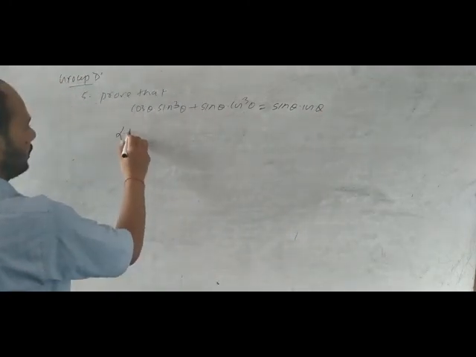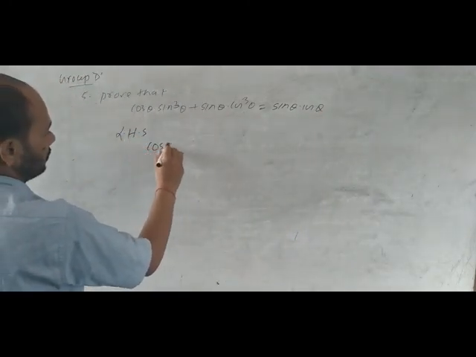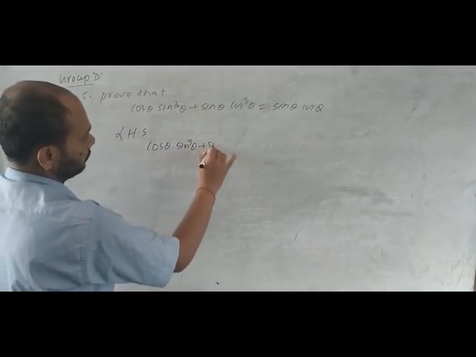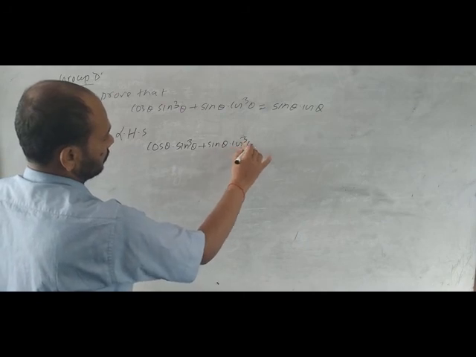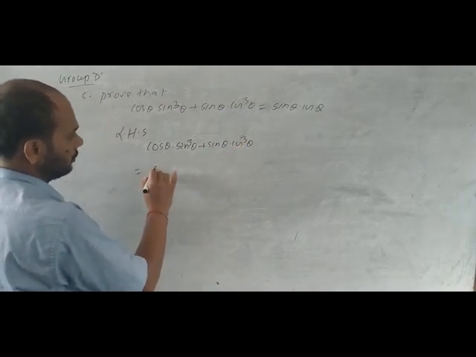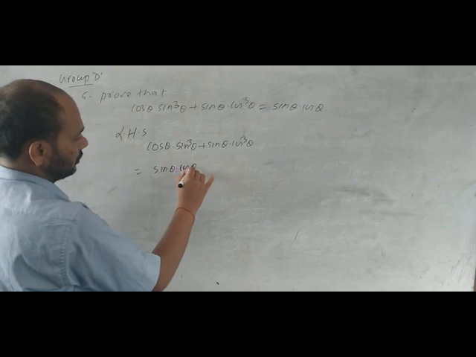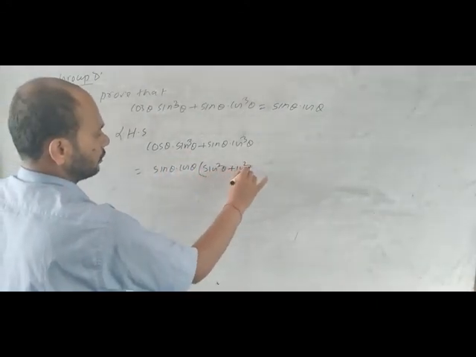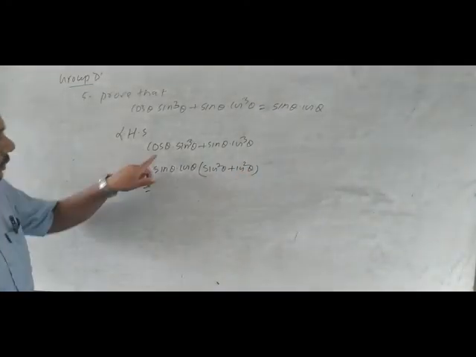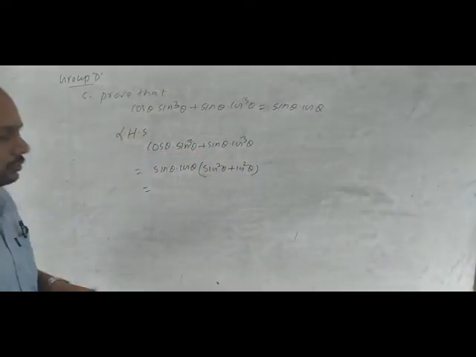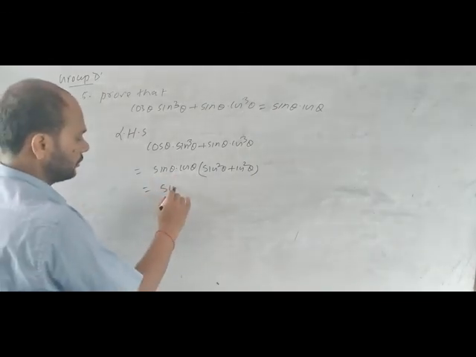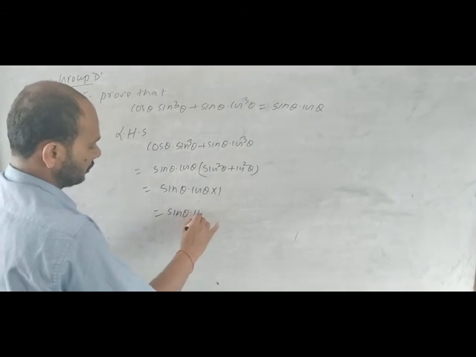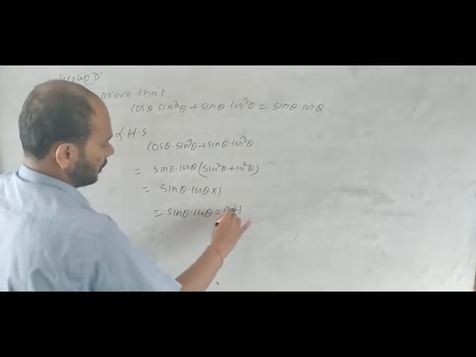Now look here, you write here LHS: cos theta sin square theta plus sin theta cos square theta. From both we take common sin theta into cos theta. Then we have here sin square theta plus cos square theta. Now look here, in both we have cos theta and sin theta common. We take common sin theta into cos theta. This is 1. So we have here sin theta into cos theta, which is RHS.